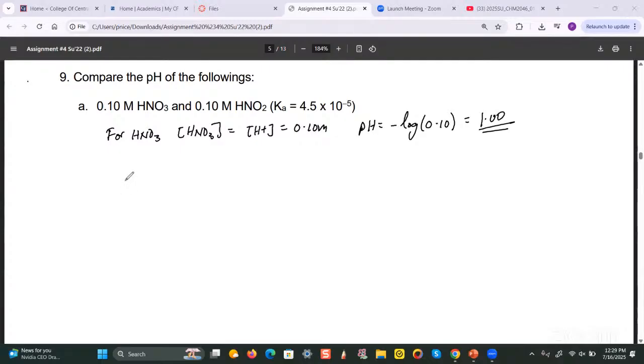All right, so that's easy. Of course, the nitrous acid will not be as easy because it's weak, right? So what do we do to begin with? ICE table. So HNO2 dissociates to form H plus and NO2 minus. So initially, what would be the concentration of HNO2? 0.10, and this would be 0, this would be 0.